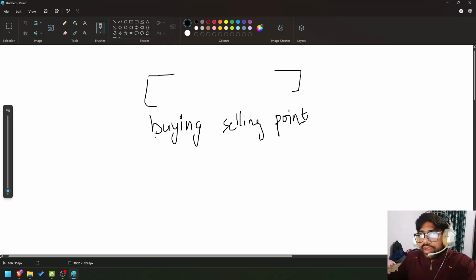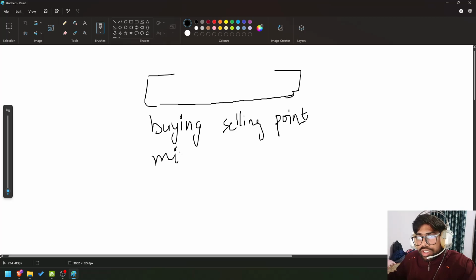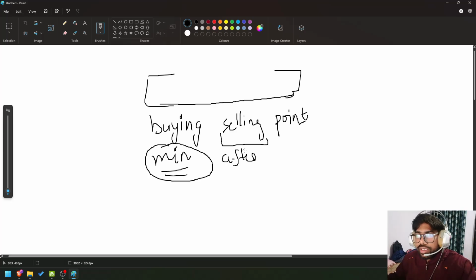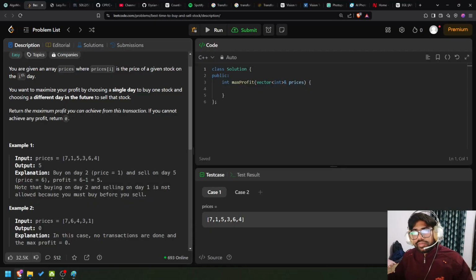So I have to find the minimum. I will obtain the minimum from the array, and I will try to find a selling point after I have found the minimum.